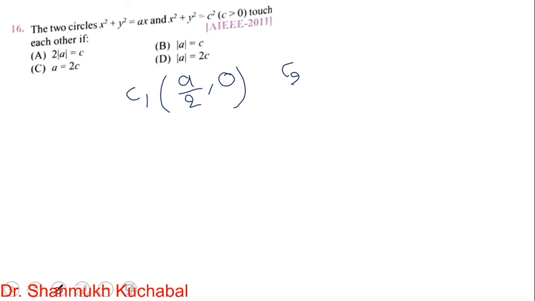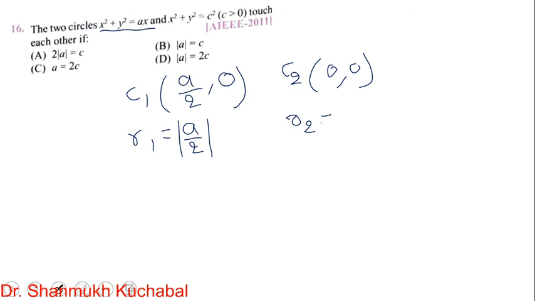For the other one the center is (0, 0), since f and g are missing. The radius of the first circle is very clear from the first equation: it is a divided by 2, mod, taking the positive value, and r2 we take simply as c.